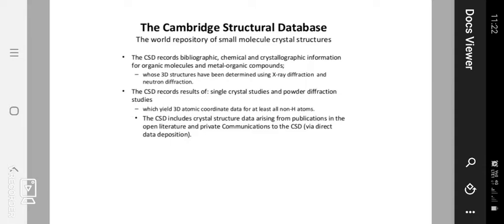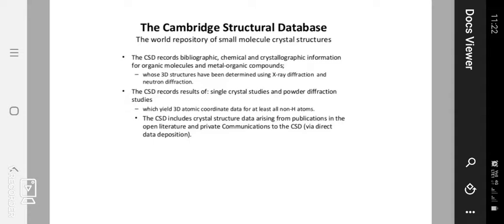That means the CSD records bibliographic, that means reference, chemical and also crystallographic information for organic molecules and metal organic compounds.